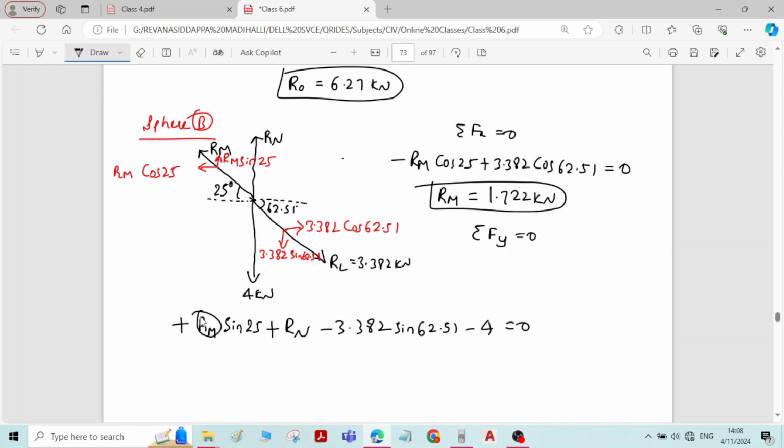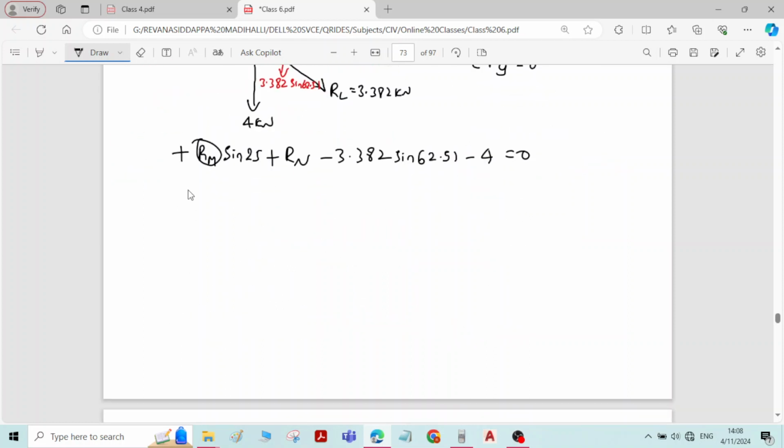RM value is known, we have calculated that value as 1.722. Substitute here 1.722 sin 25 plus RN minus 3.382 sin 62.51 minus 4 is equal to 0. By this we will get reaction at contact surface N. The answer is 6.272 kilonewton.